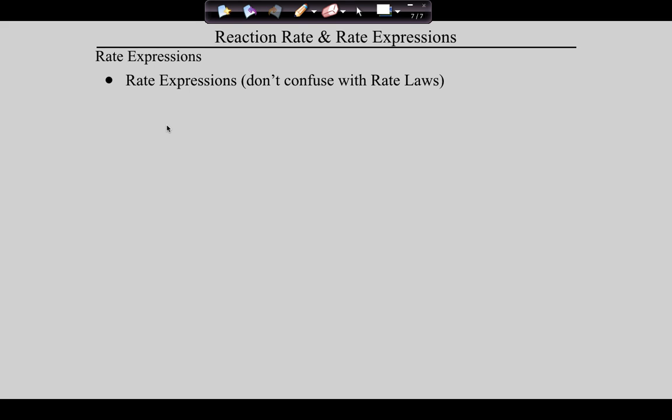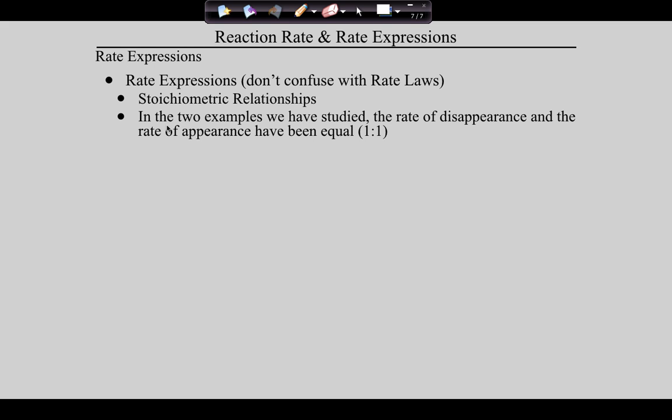So, what is a rate expression? Well, guys, a rate expression represents a stoichiometric relationship. Where do we get stoichiometric relationships? Balanced equations. So, guys, here's the trick. In the last two examples that we've looked at, red balls turning into blue balls, or the butyl chloride and the water turning into the butanol and the hydrochloric acid, these have all balanced with ones.